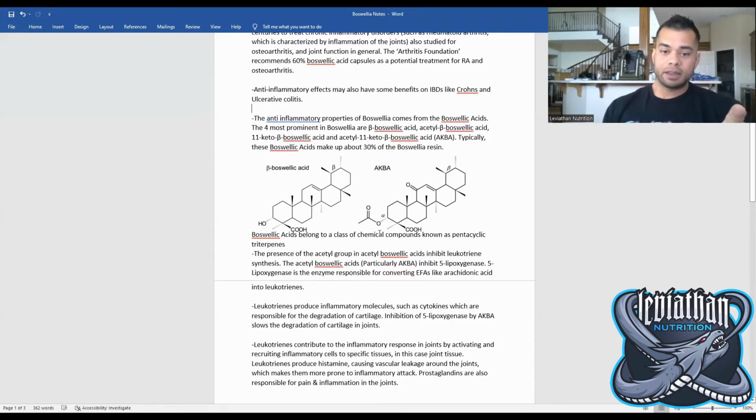Basically the difference between the beta-boswellic acid here and the AKBA is that in AKBA, we have a bit more chemical changes. We have an oxygen group right here, but more importantly, we have this acetyl group here. The presence of this acetyl group in the acetyl-boswellic acids helps to inhibit leukotriene synthesis.